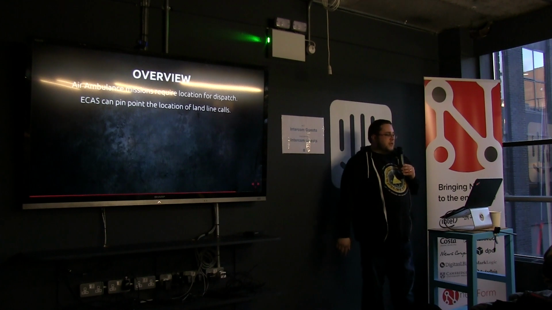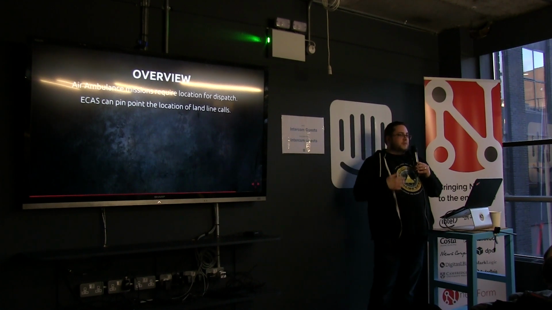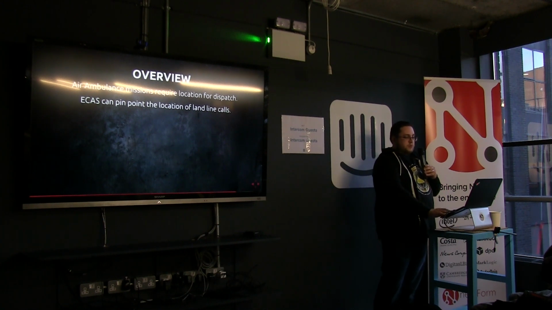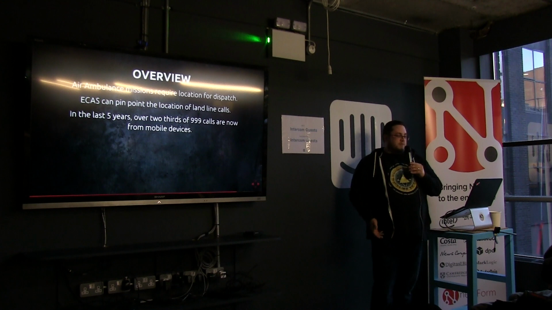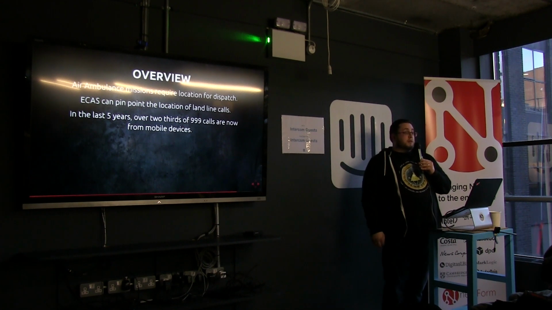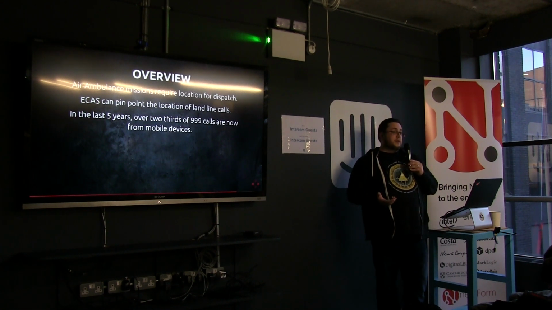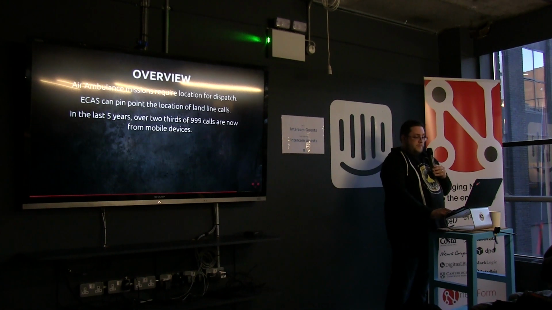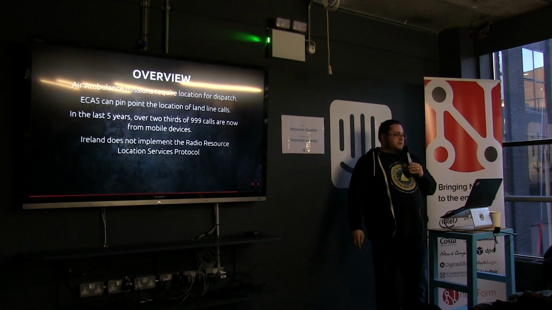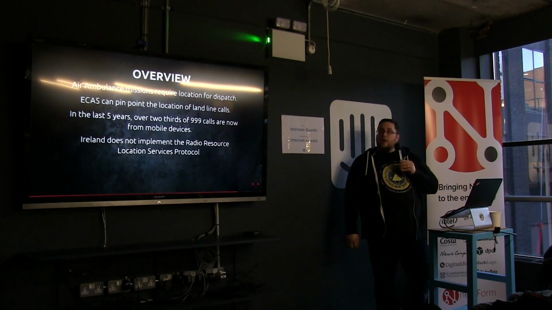The emergency call answering service can pinpoint the location of a landline because a landline is registered at a physical house, which was great for a while, but in the last 5 years, over 2/3 of the calls are coming in via mobile phones. So Ireland does not implement the radio resource location services protocol.